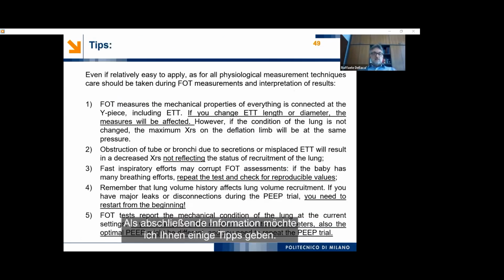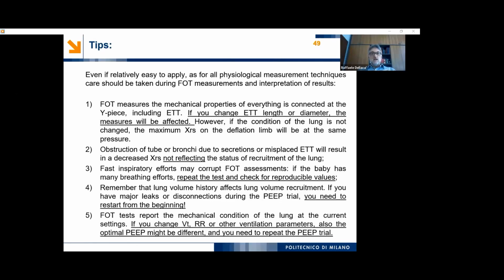As a final piece of information, I would like to share some tips if you are going to use measurements with the force oscillation in mechanically ventilated patients. We always need to remember that even if it is not a simple technology per se, it's simple to apply at bedside because it can be highly integrated into the mechanical ventilator.